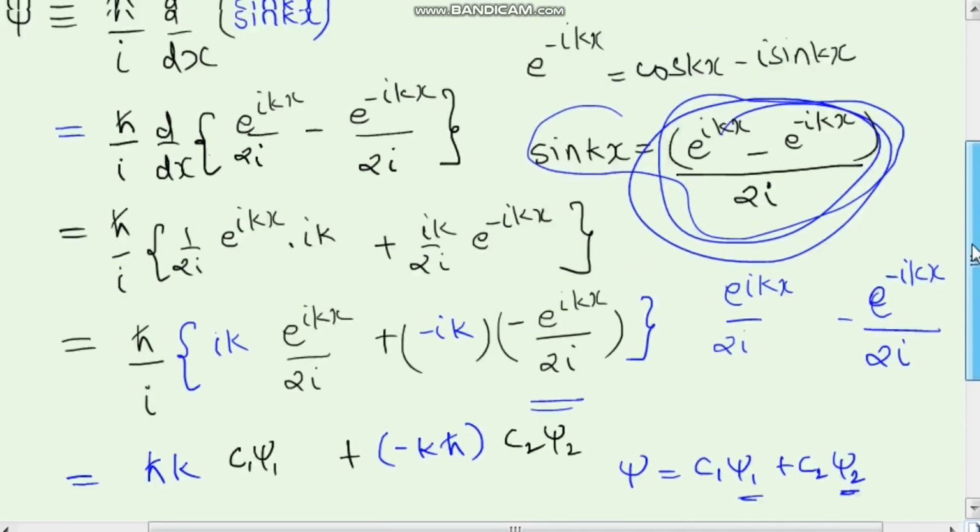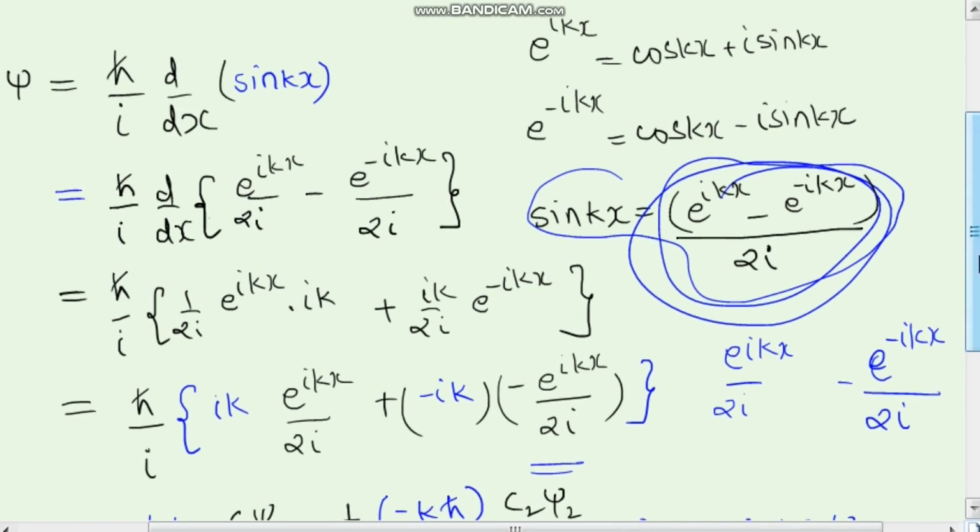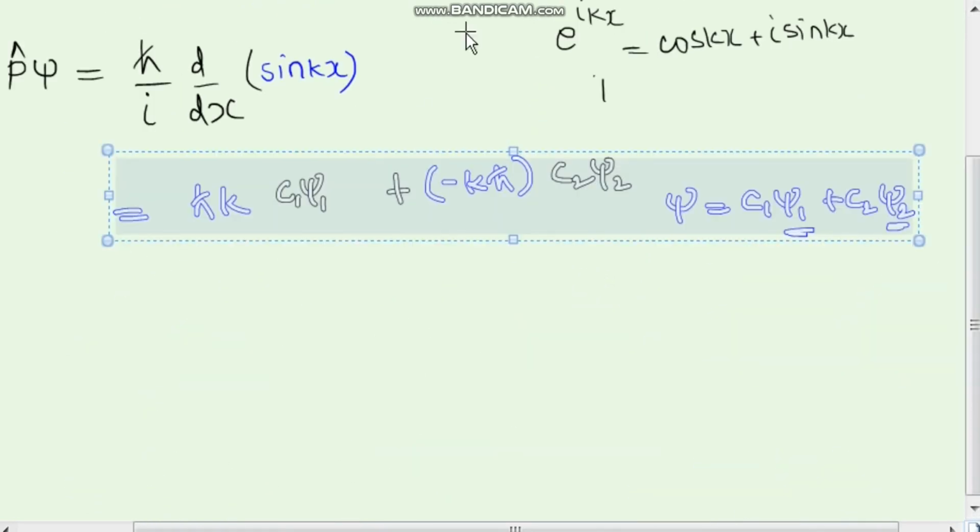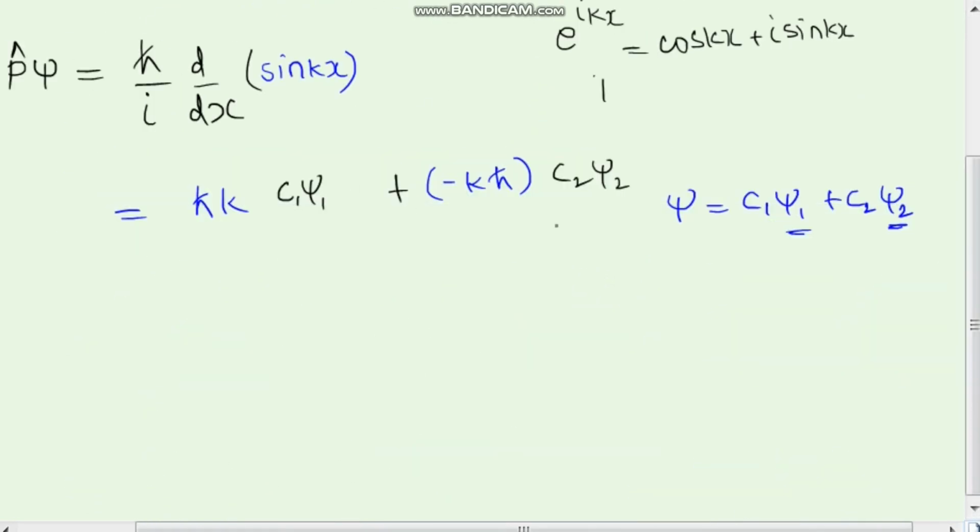So our equation becomes, let me just clear all this mess. This is what you get. So this is our equation now.